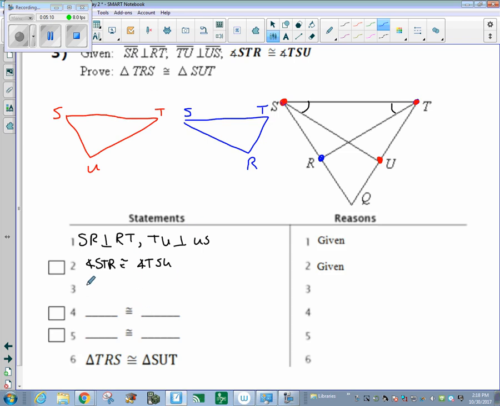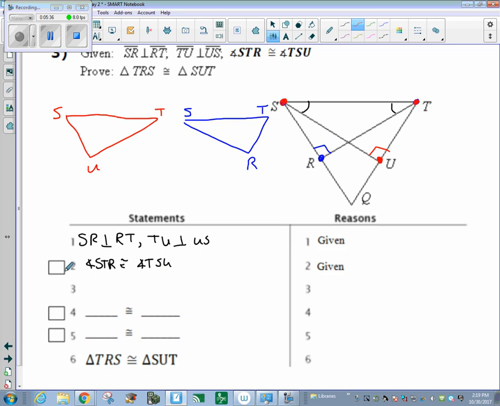So they told us that SR and RT are perpendicular. So that means we're going to get a right angle in there. They also told us that TU and SU meet at a right angle, so we're going to have a right angle in there as well.